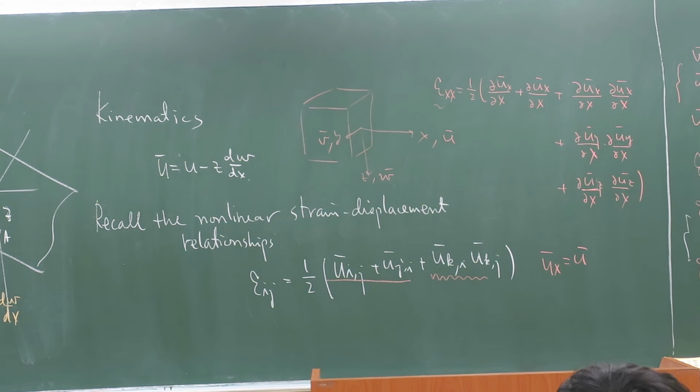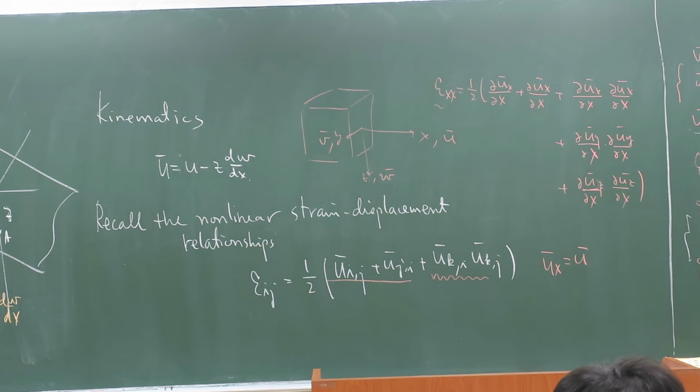Okay, here we use partial because we have two variables, but for w you can use a total differentiation, doesn't matter. But epsilon y is 0 and w bar has nothing to do with z, so this is 0 and this is 0, so epsilon z equals 0.